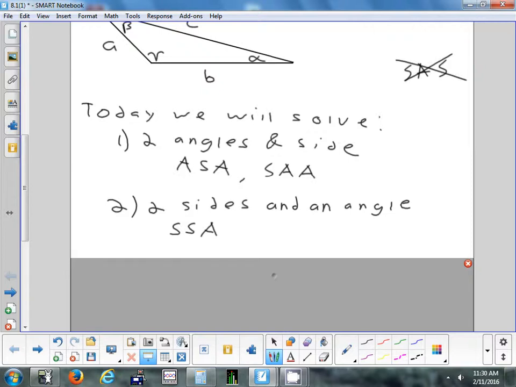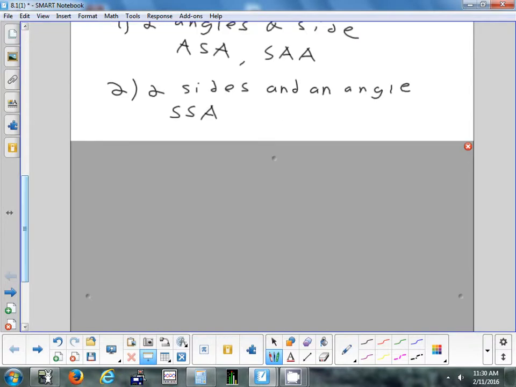That's a different law. And one more: side, side, side. Side, side, side is a case, but it's not something that would work with law of sines. That's a law of cosines problem. All right, so these are the three cases we're going to look at.